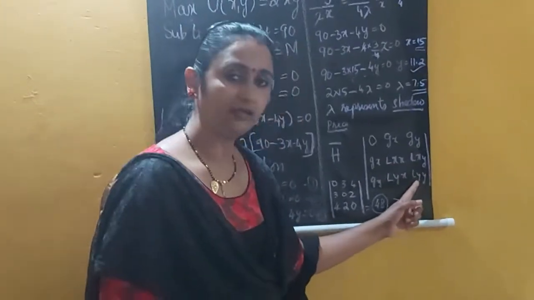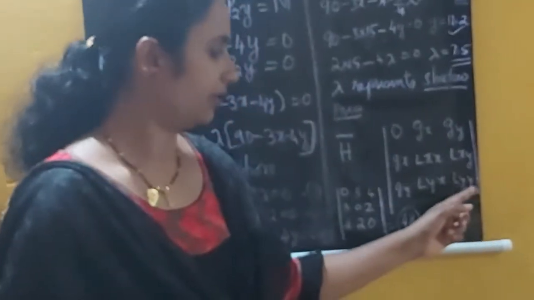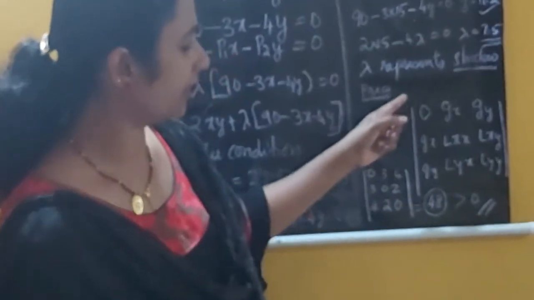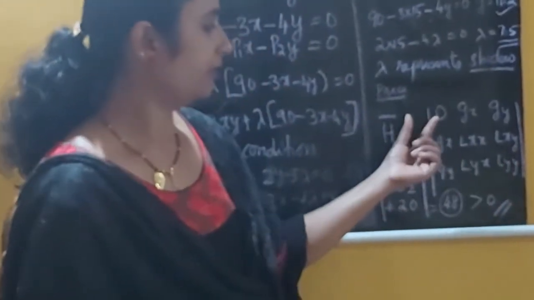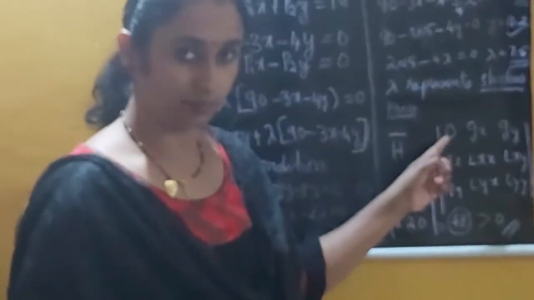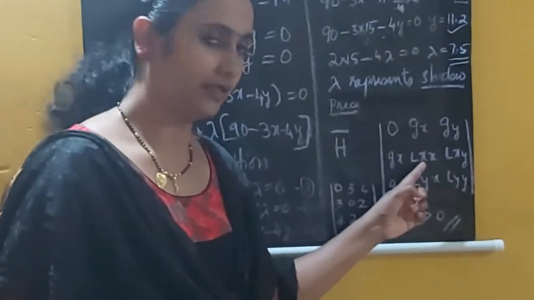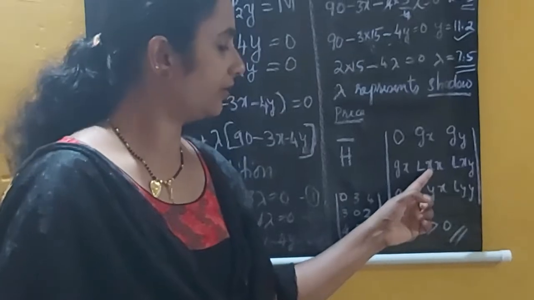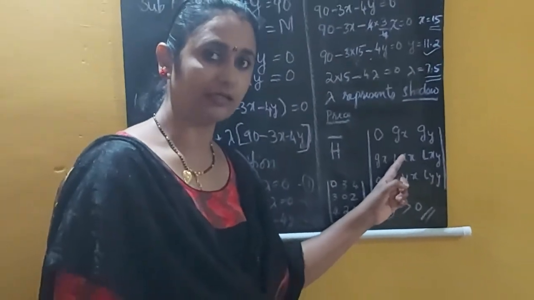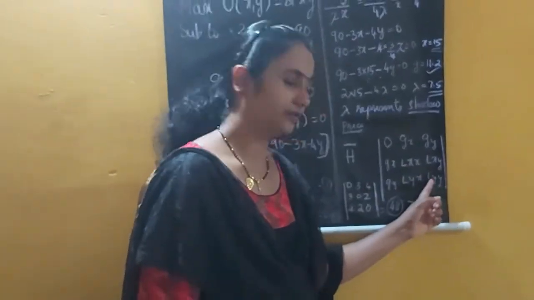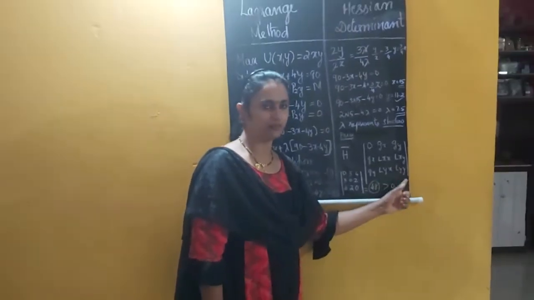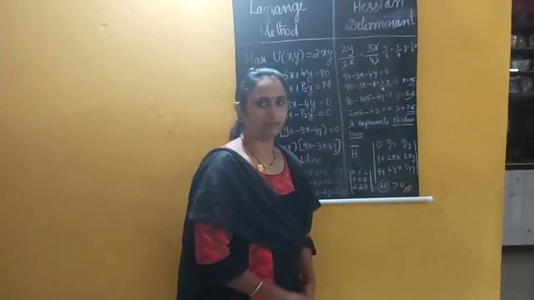Then we will write Lyy. Here the leading diagonal is represented: at the extreme we put 0, the center value is given as Lxx, and the third value in the leading diagonal is Lyy.